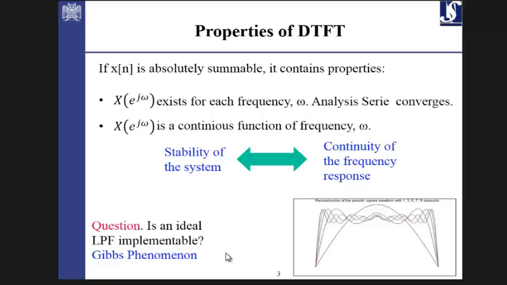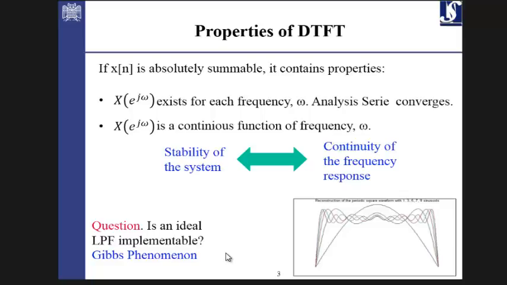If it's absolutely summable, then the Fourier transform definitely exists for each frequency, and also it's continuous with the frequency. So with respect to the frequency domain, that would have a continuous form. And we got this result that if it's not continuous in the frequency domain, if it's not continuous with respect to the omega as the horizontal axis, then it means that it's not absolutely summable.